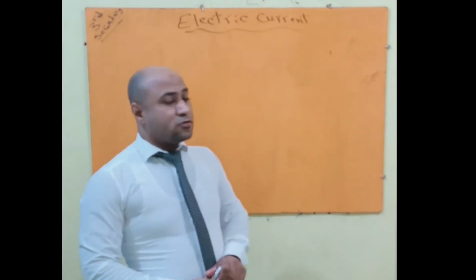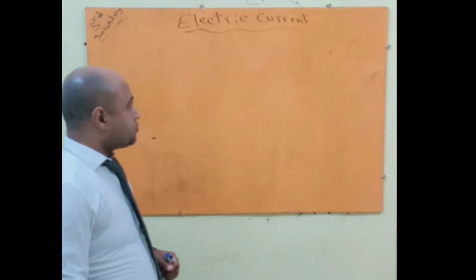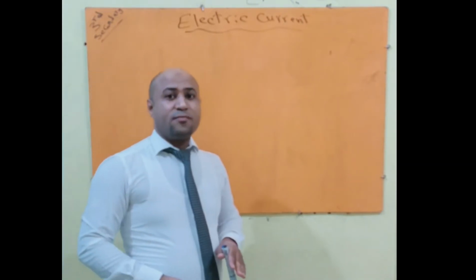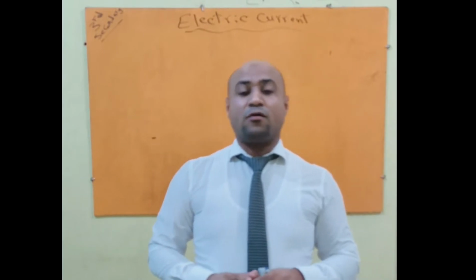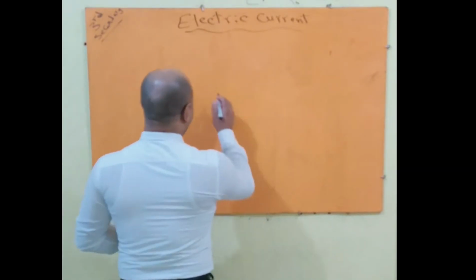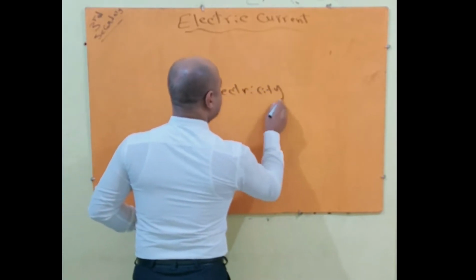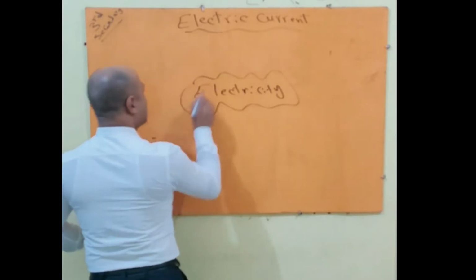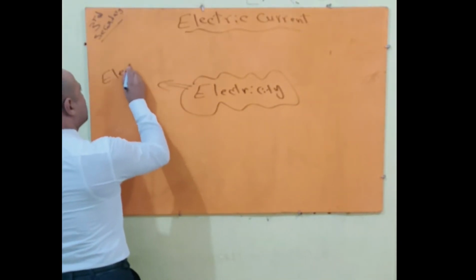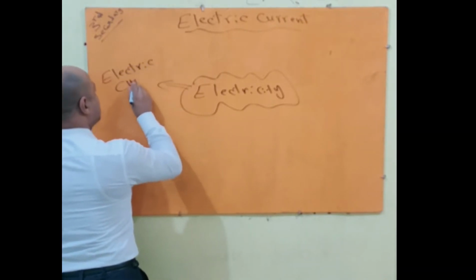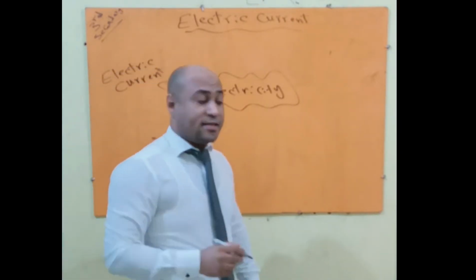Today we are going to talk about electrical current and Ohm's law. To understand the basics of electricity, we have three main basic concepts. The first one is electric current, and later we are going to talk about electric current intensity.